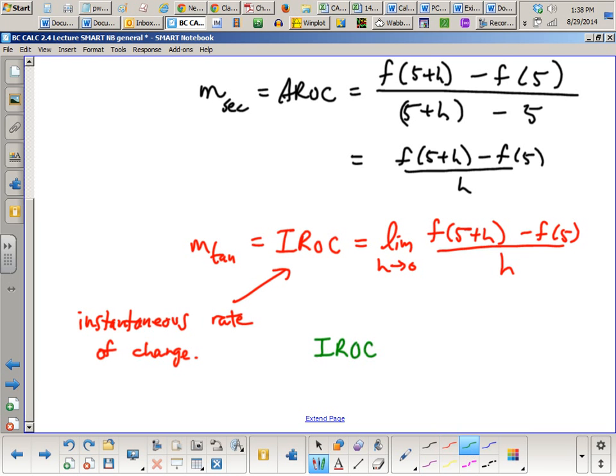The instantaneous rate of change is the limit as h goes to 0, also known as limo, of AROC. So IROC is limo AROC. You learned average rate of change in pre-calc. Now we're taking the limit, and this will make instantaneous rate of change, also known as the slope of a tangent line.